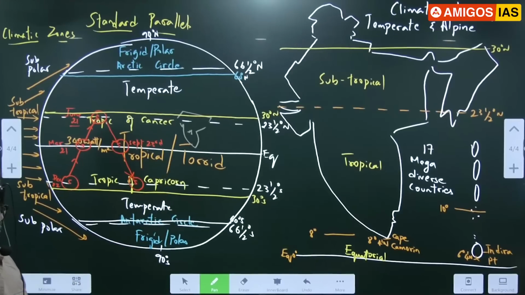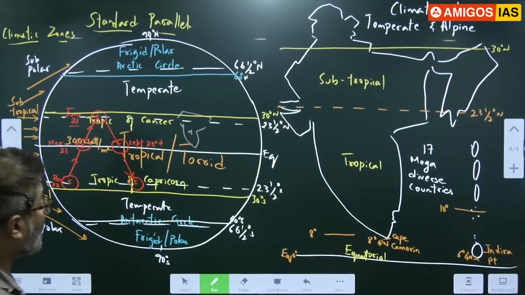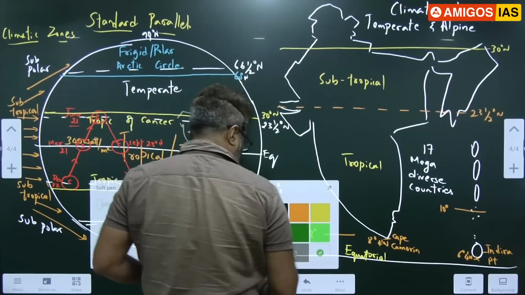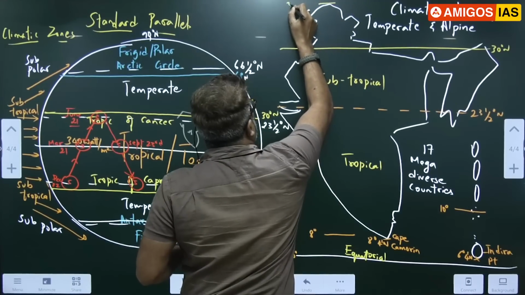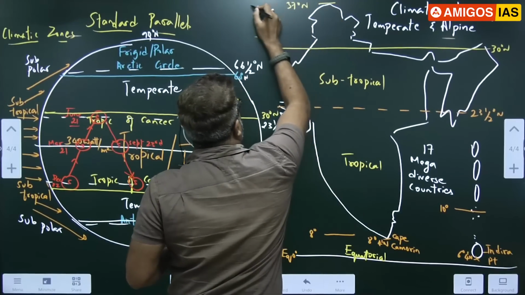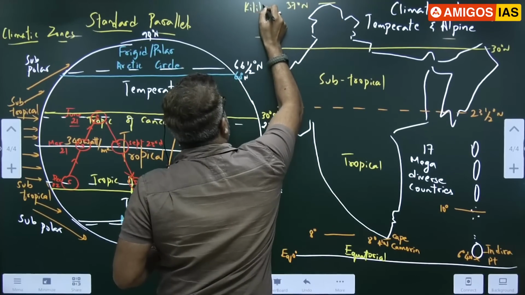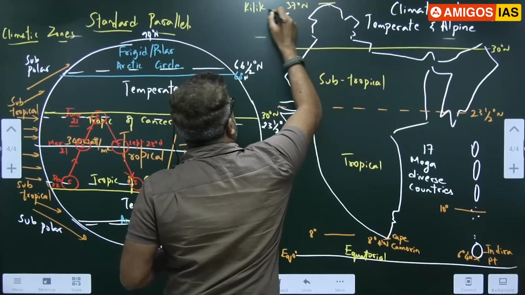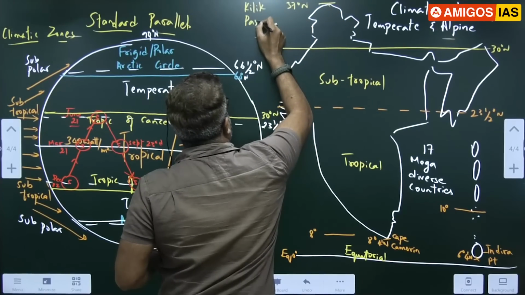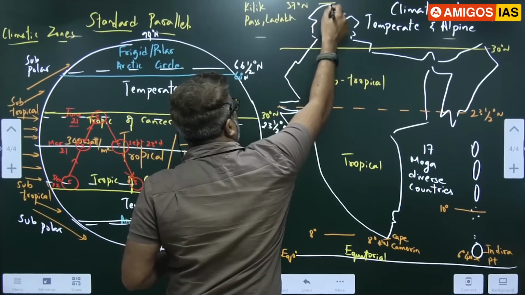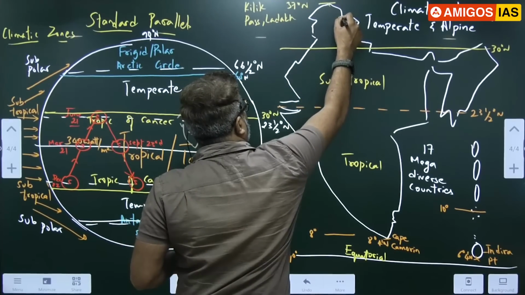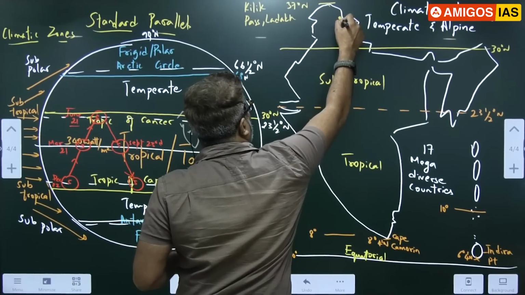Now draw the map, mark that. Important parallels. Northernmost point, I'll go now. Northernmost point is this one: 37° north, Kilik Pass. In the Karakoram range, Kilik Pass comes in Ladakh. All of you know Ladakh? This one. There is one more place here, Siachen Glacier.